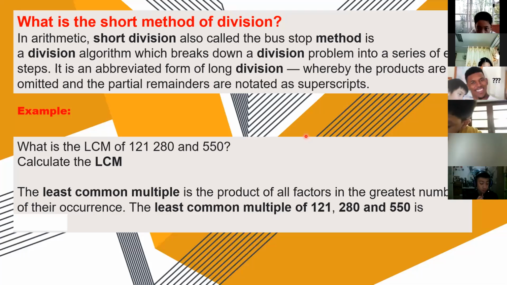Okay, what is the answer? T says 15,400. Sams says 169,400. P says 15,400.